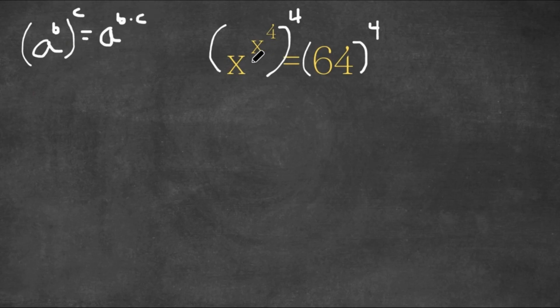So what we're going to do over here to x to the power of x to the power of 4, to the power of 4, is multiply x to the power of 4 times 4, because in this case, x to the power of 4 is b, and 4 is c. So this would equal x to the power of x to the power of 4 times 4. And this is still equal to 64 to the power of 4.